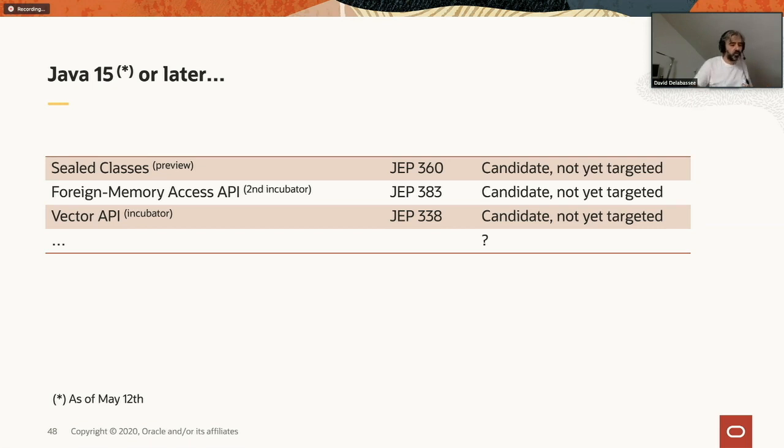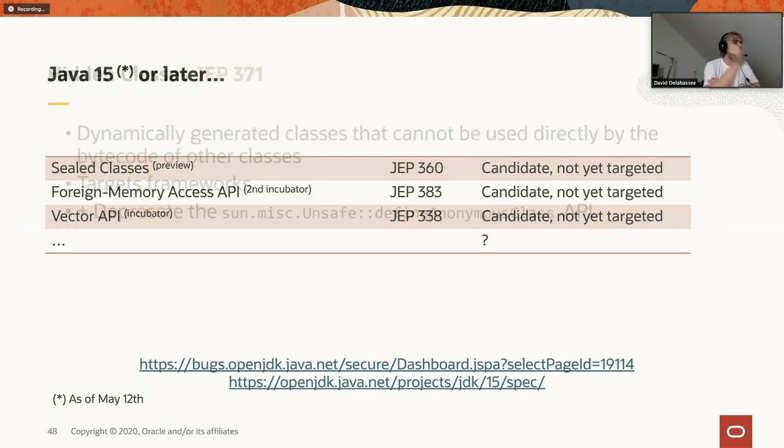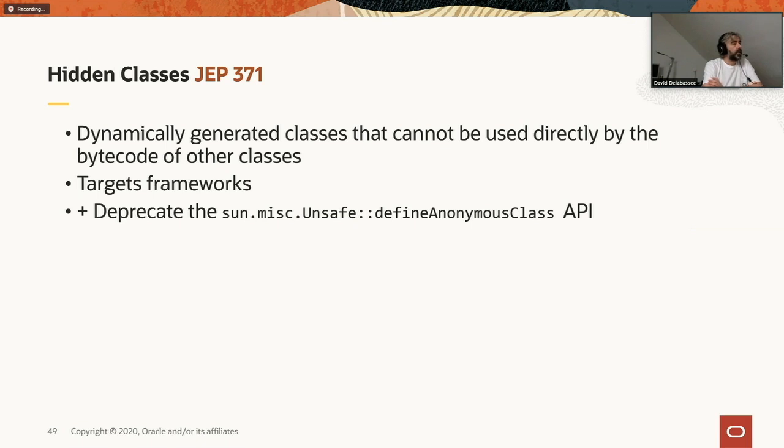I'm going to very quickly discuss hidden classes and sealed classes, which are often confused. A hidden class is something that has been specifically made for framework developers. Frameworks have this habit of dynamically generating classes and using those classes through reflection.